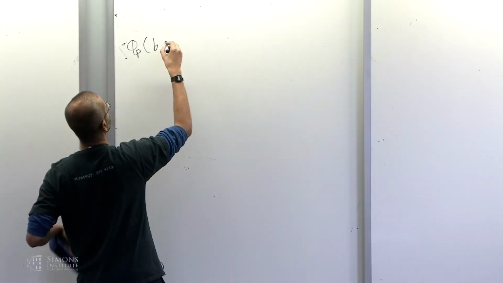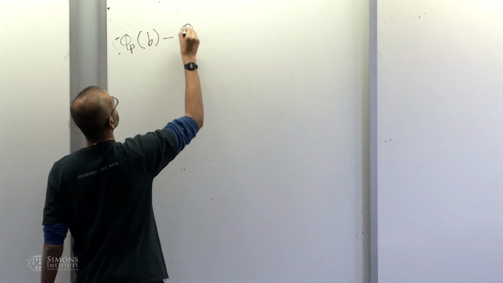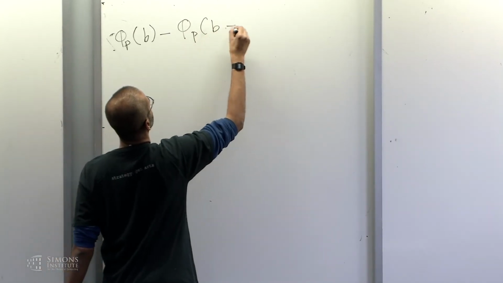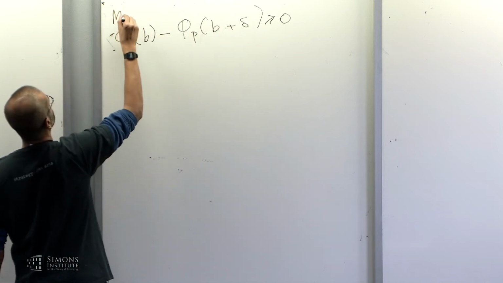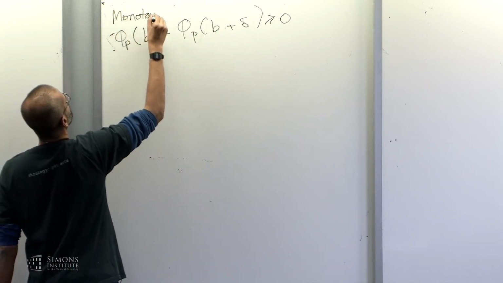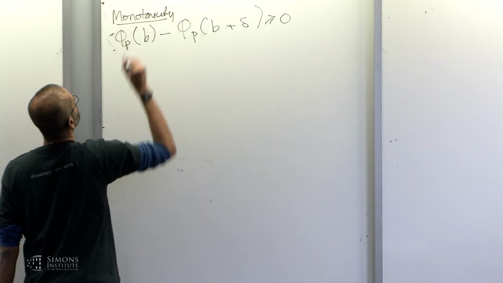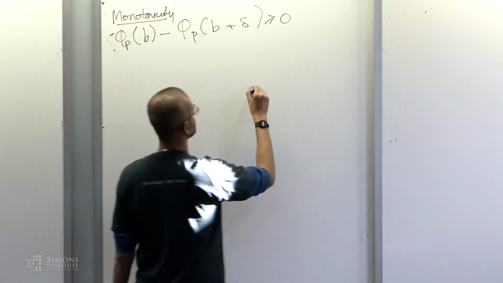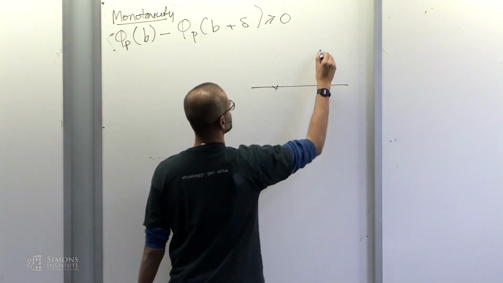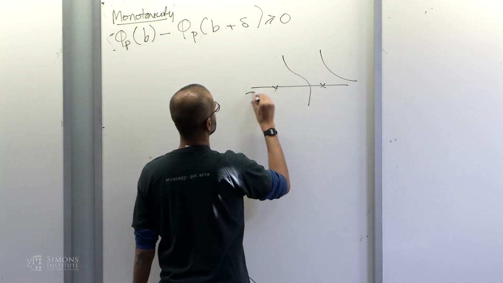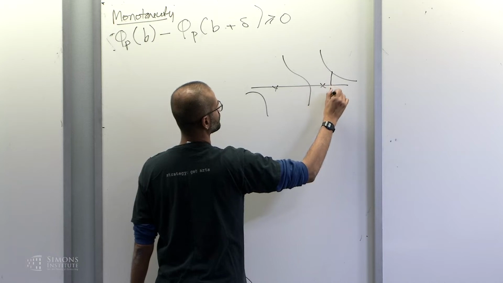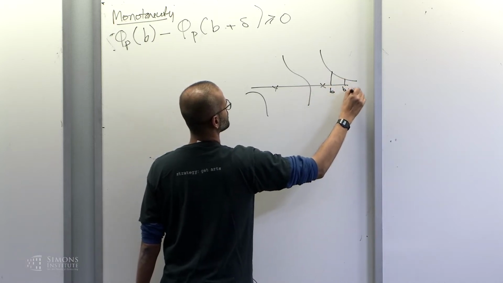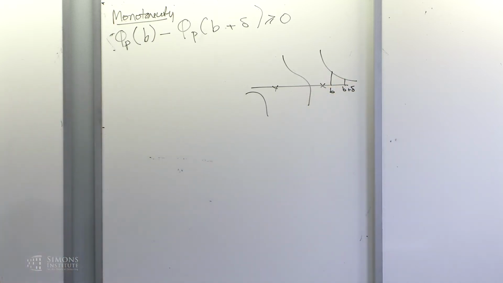So phi P of B minus phi P of B plus delta is greater than or equal to 0. So this is monotonicity. And this follows from this picture, right? Here it's monotone decreasing. Suppose you were at B over here. If you go to B plus delta, you get something strictly smaller.